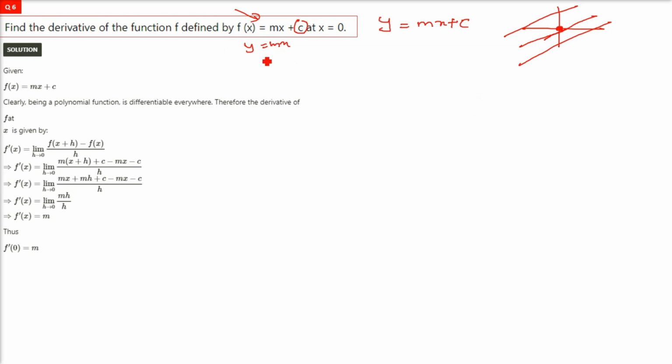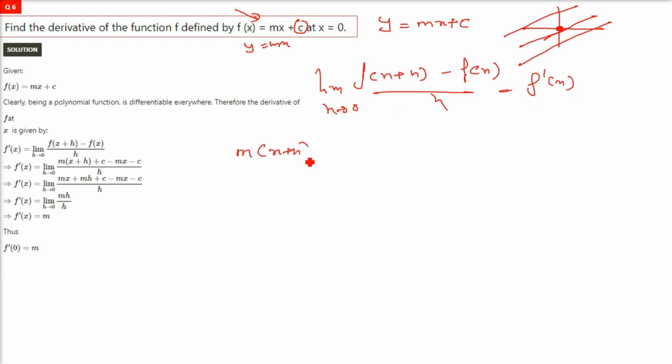So now finding out the differentiation of this, what do you get? f(x plus h) minus f(x) divided by h. Same thing we are going to do. Limit h tends to 0. The procedure remains the same. This is going to be f dash x. Let us see whether it comes as m or not. So m into (x plus h) plus c, this is our first term. Write the f(x) term which is mx plus c and just open it first, then we'll divide it by h later on.